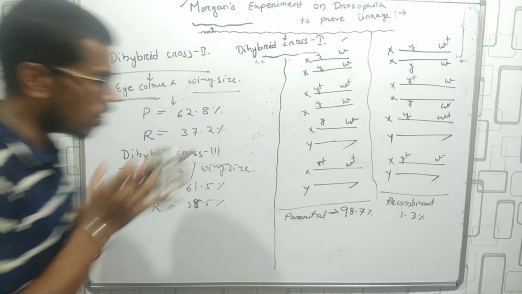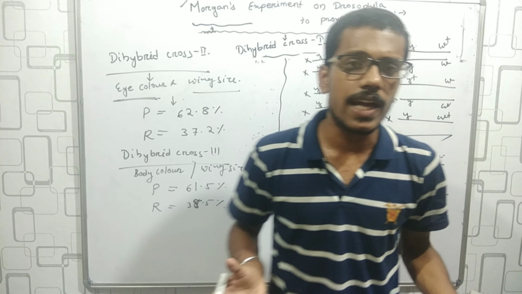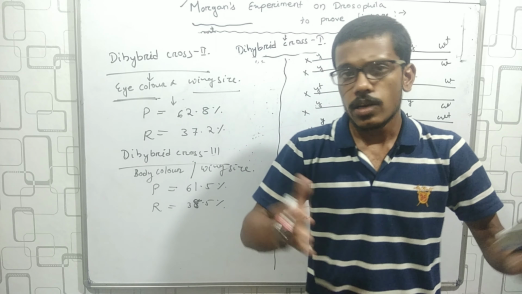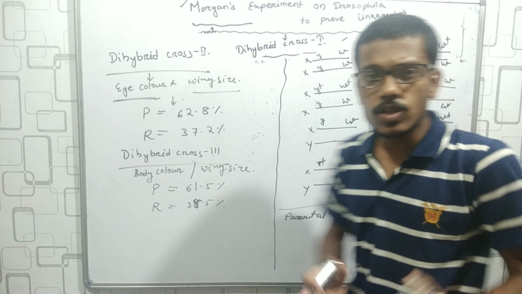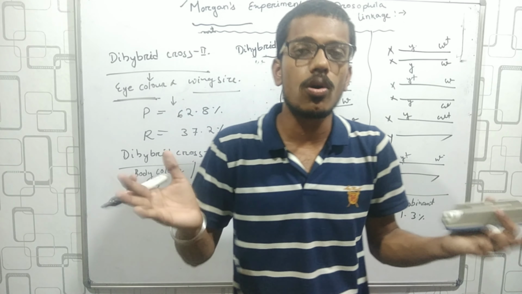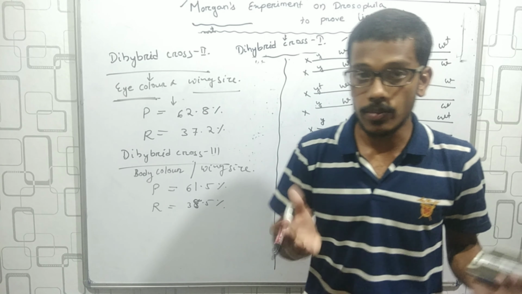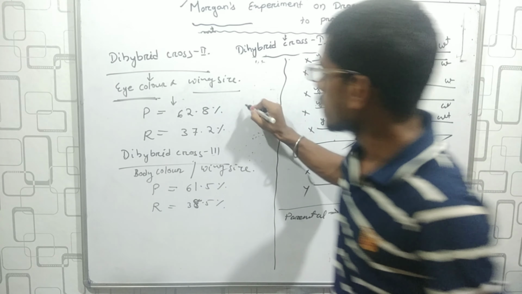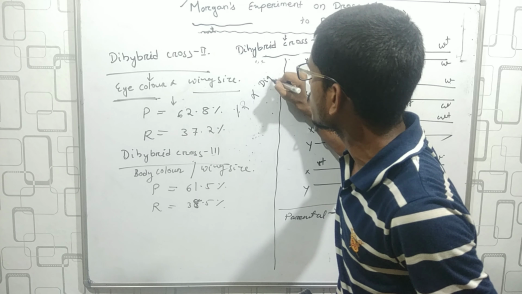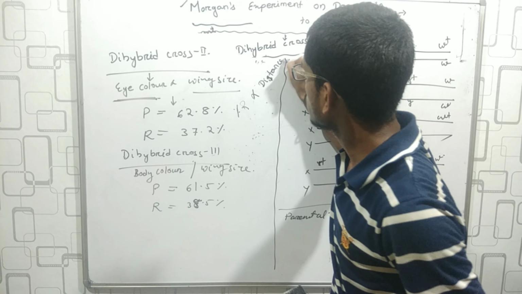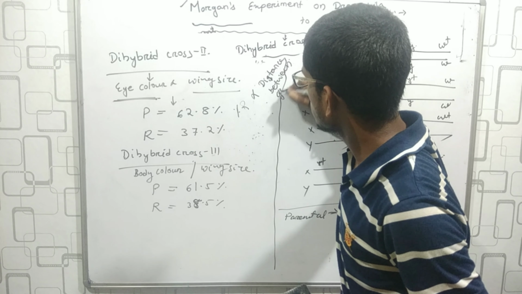That means he came to the conclusion that there may be a chance that the position of the gene may lead to this type of variation. If the distance between the genes is more, then the recombination percentage is more. That means the recombination percentage is directly proportional to the distance between the genes.